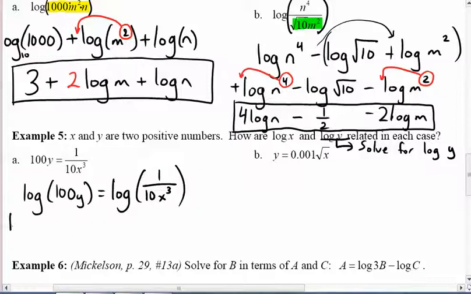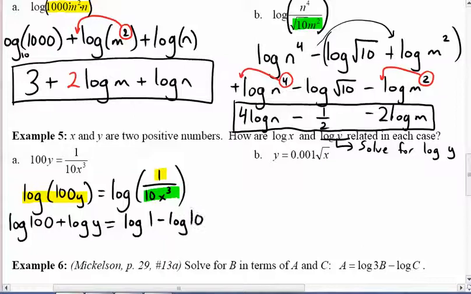So this is the same as log of 100 plus log of y by the product law. And then on the right hand side, anything that is in the numerator is going to be a positive term. Anything that's in the denominator is going to be a negative term. You subtract everything that's being divided. You add everything that's being multiplied.